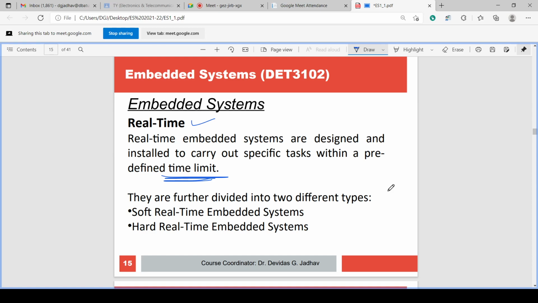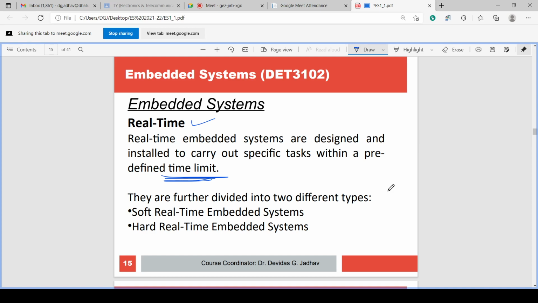We could not even identify it. Chalta hai, it will work. It will not hamper the task of the voice over. The quality of the voice over is not much hampered, and deterioration is not even detected. So this is a soft real-time embedded system.